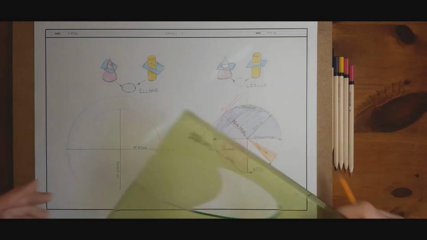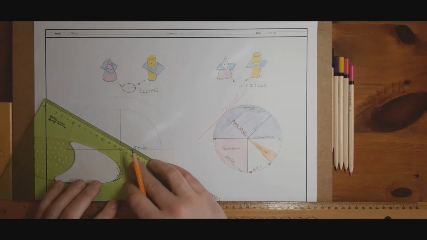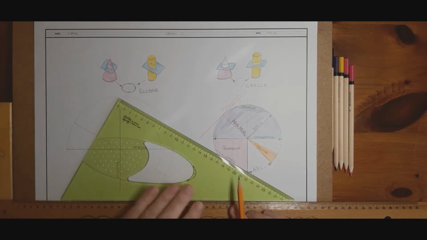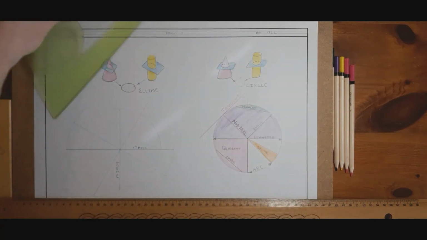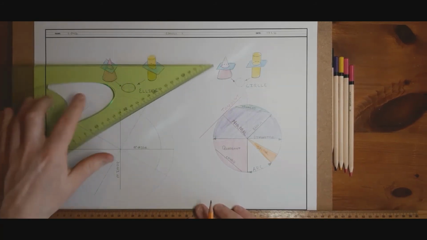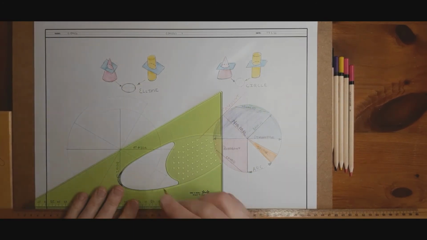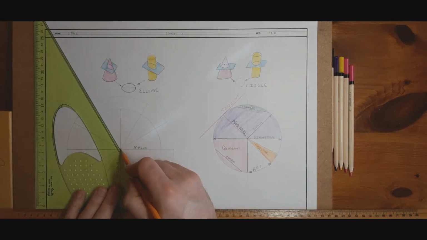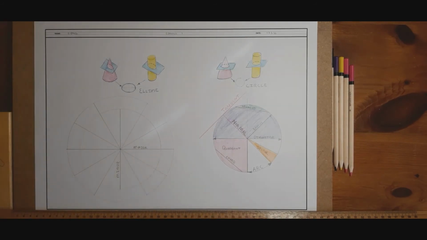After that, we're going to get our 60-30 set square, and we're going to divide up these two circles. So we've that now divided into 12 equal portions.